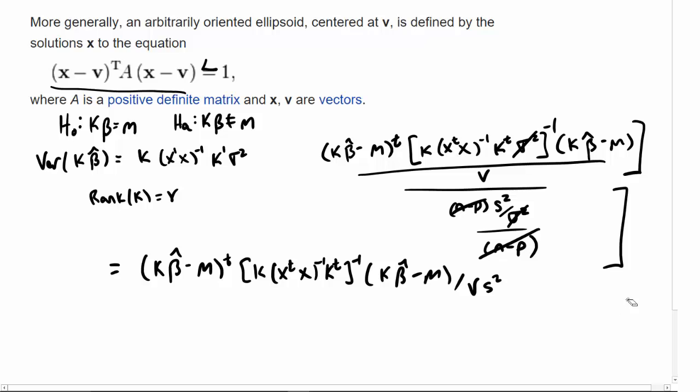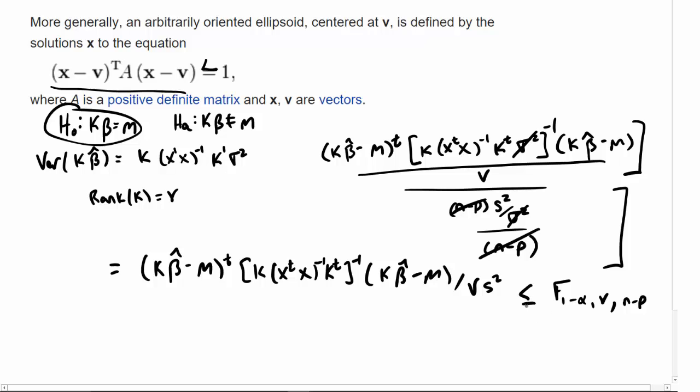So we would reject this hypothesis Kβ = m if this is greater than or equal to an F critical value of 1 − alpha with v numerator degrees of freedom and n − p denominator degrees of freedom. And so we would accept the null hypothesis if it was less than or equal to.